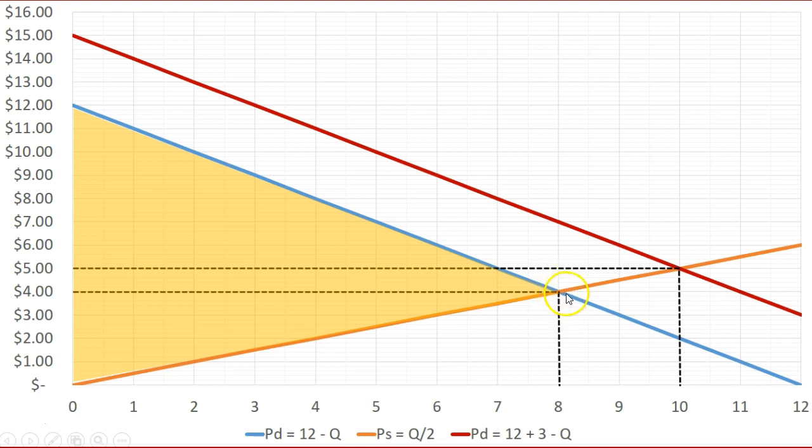We've gone beyond that to a new level of output. And we can see there that what's effectively occurred is that the marginal cost for each unit of output beyond 8 is greater than the private marginal benefit curve. Okay? And therefore, we've gone beyond the point where we're adding to economic welfare to where we would be deducting from economic welfare. We've gone into negative economic welfare territory, indicated by this little triangle here.